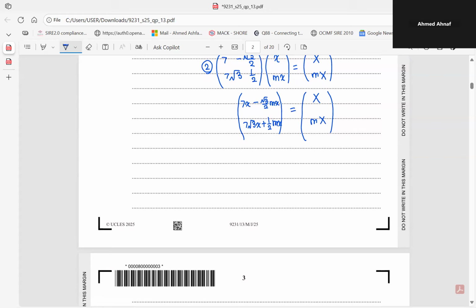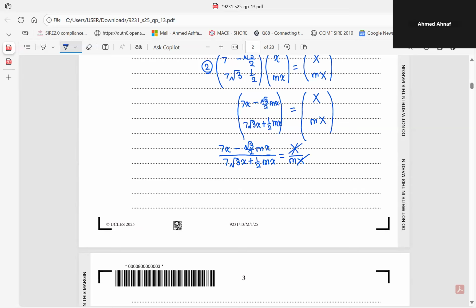Now let's convert this into a fraction. Our numerator would be the top element, and our denominator would be the bottom element. So we would get 7x minus square root 3 over 2 mx, over 7 square root 3x plus half mx, equals x over mx. First thing we realize is that we can cancel off the big x's.